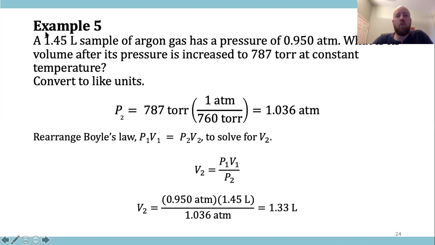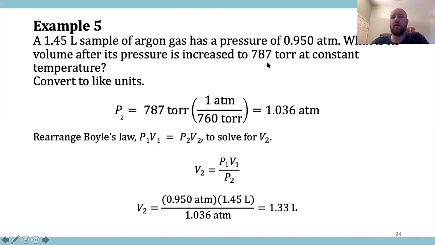So we're told a 1.545 liter sample of argon has a pressure of 0.95 atm. So the 0.95 and the 1.545 are one side. And then it's increased in pressure to 787 torr. This is like I said, how they throw the wrench in here, by making these units different.